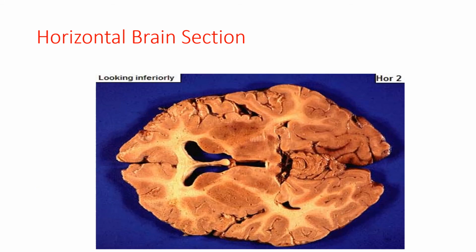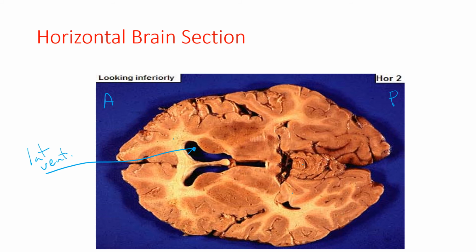Our last horizontal section is below the previous two that we have looked at. And so as we look at this section, we can see anterior and posterior. But again, a lot of the same structures are going to appear that we have seen all through this laboratory. We're going to have lateral ventricles.